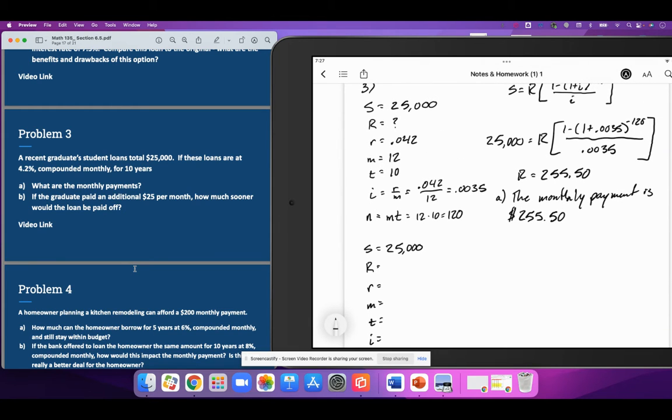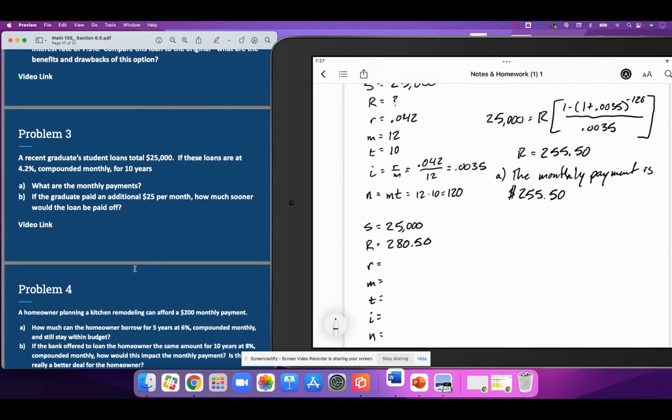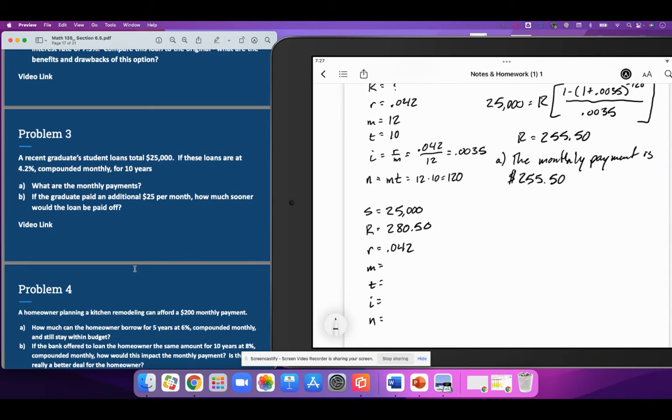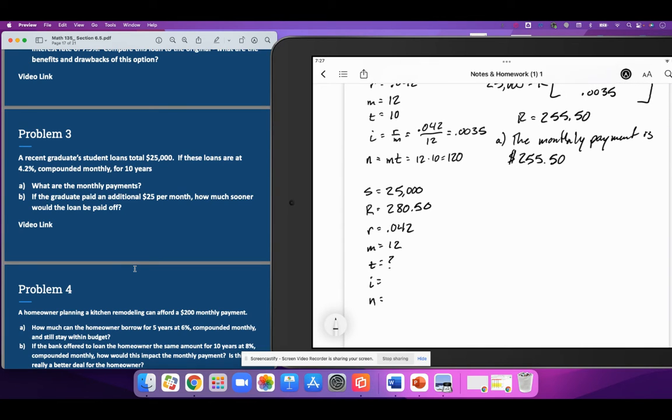We know that the monthly payment is going to be $25 more if this person does this. So that will put the payment at $280.50, because we were at $255.50. And our R is going to be 0.042. M is going to be 12. And T we don't know. So how long it's going to take to pay this off, it should be less because we're making more payments. I is R over M and N equals MT.